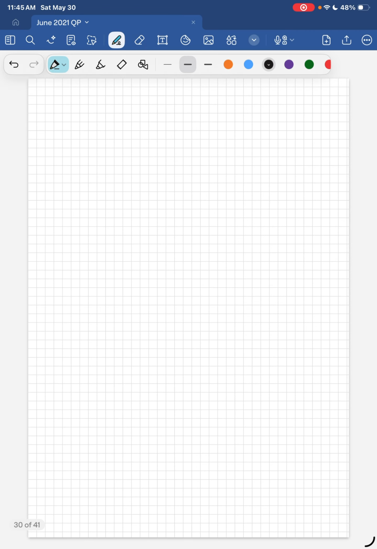So let's move on to a clean page. So we have P atmospheric times V times T atmospheric over P pushed times V pushed is equal to T atmospheric, the 19 degrees Celsius, over T pushed.